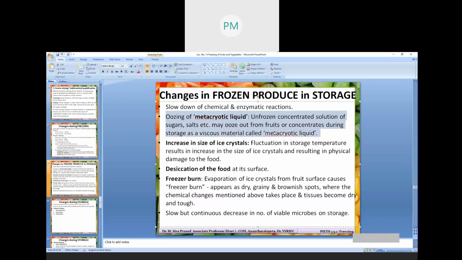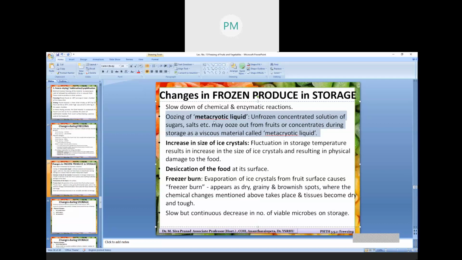Some substances get frozen earlier than the others, and some will not be frozen at all.